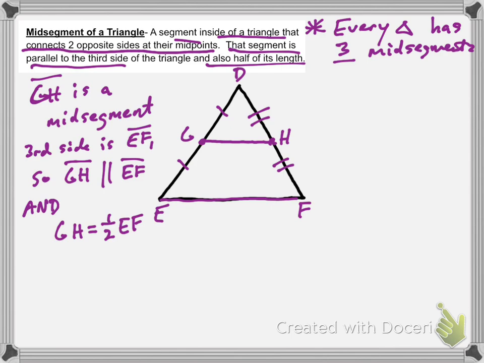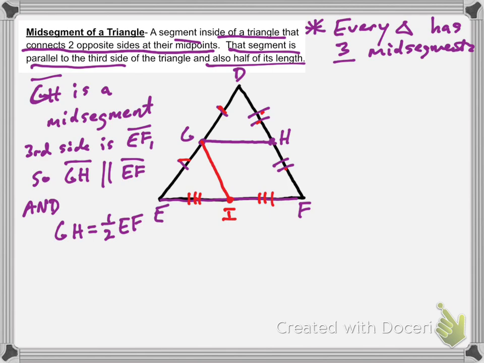Now, let's take a look. What if I made that point there? We'll call it I. And let's say that was the midpoint. By the way, you have these two congruent, these two congruent, these congruent. What if I connected those two? G and I are midpoints, right?